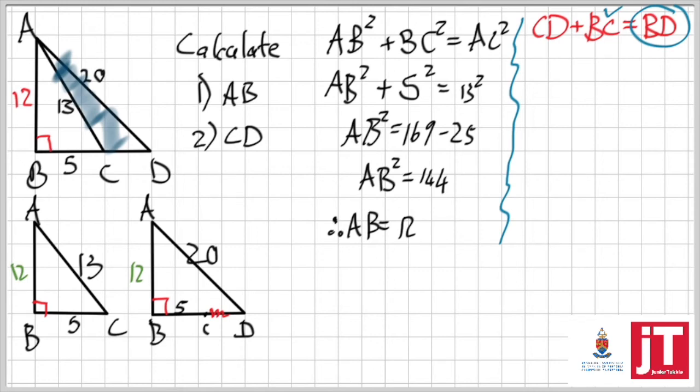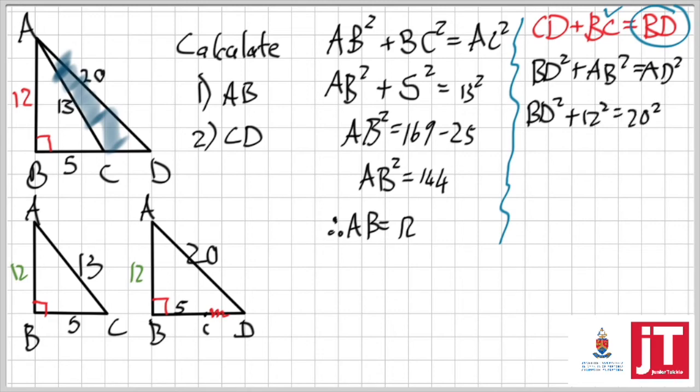So let's try that. BD squared plus AB squared must give me AD squared. So substituting in, I have BD squared is equal to 20 squared minus 12 squared. Solving 400 minus 144. So BD is equal to 16.